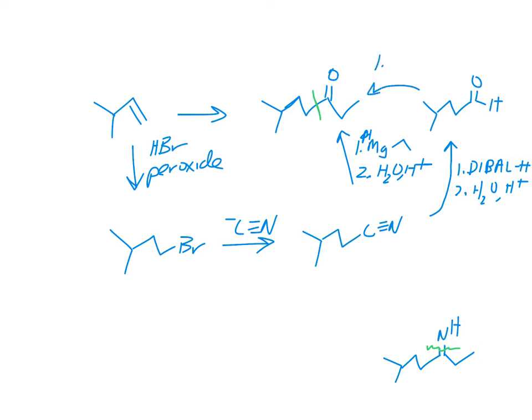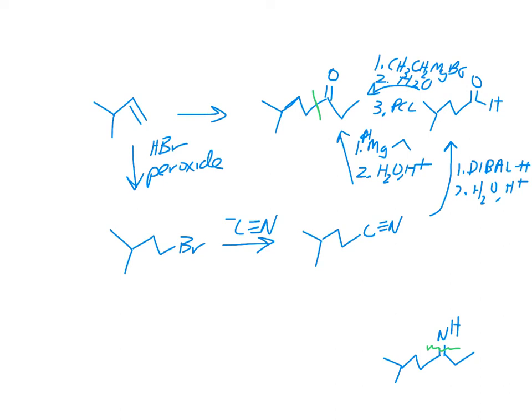Okay, I'm going to do this all in one here. We're going to add a Grignard, so we want to add an ethyl, like that. Then we have to add water to quench our Grignard. And then what would we have to do as a separate reaction after that? We have to oxidize again, PCC. We could also hydrolyze this to the carboxylic acid.